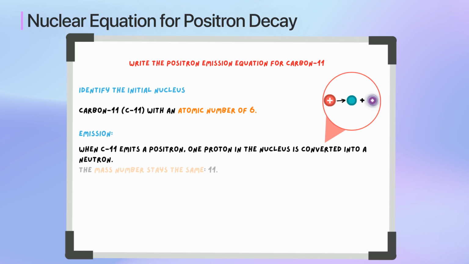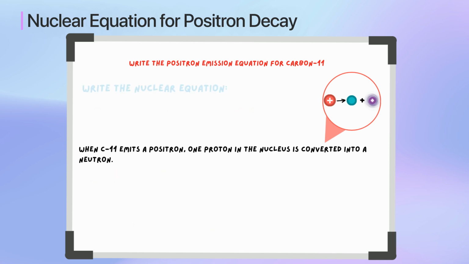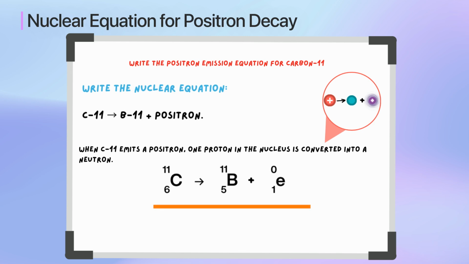From this, we know the mass number stays the same at 11, but the atomic number decreases by 1 from 6 to 5. With this information, we can identify the new nucleus. The element with atomic number 5 is boron, hence the new nucleus is boron-11. All that's left is to write the nuclear equation, which is C-11 becomes B-11 plus a positron particle.